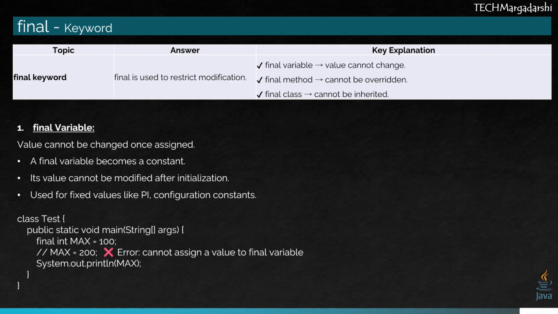In this example, the variable max is declared as final and assigned a value of 100. If we try to change this value later, Java will throw a compile time error. So remember, a final variable cannot be reassigned, which helps make your code safer and more predictable. In the next slides, we'll see how final works with methods and classes as well.